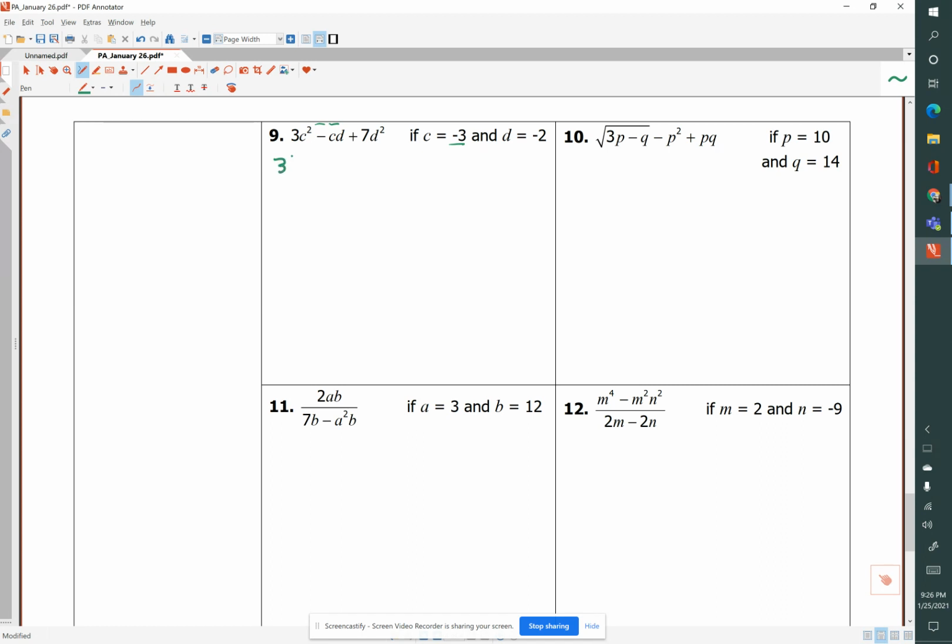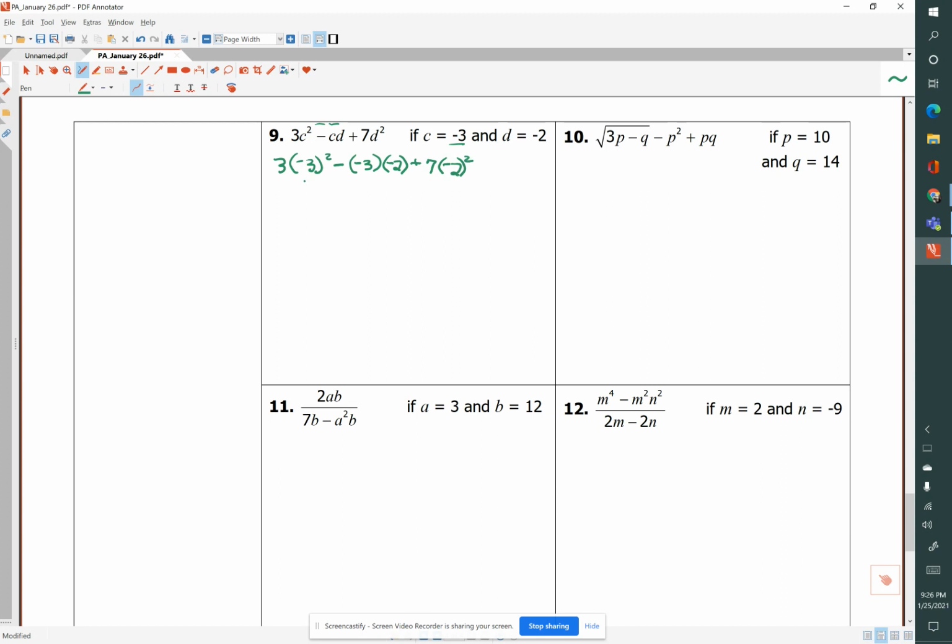So we have 3 times negative 3 to the second power minus negative 3 times negative 2 plus 7 times negative 2, which is raised to the second power.